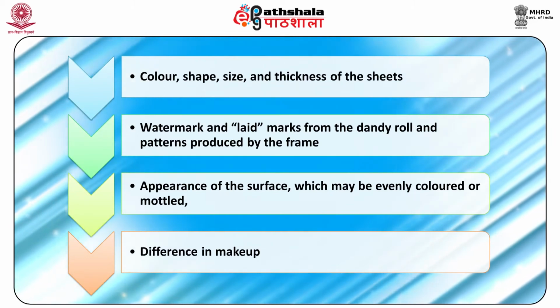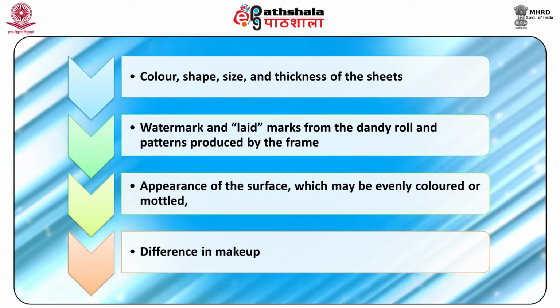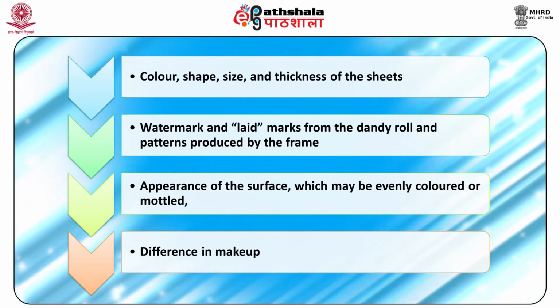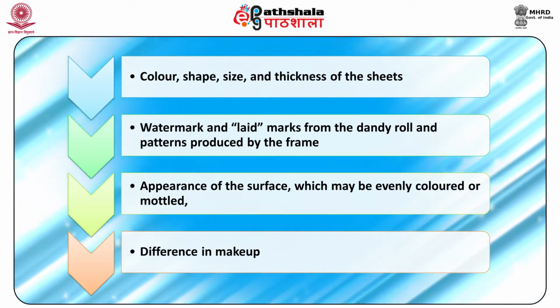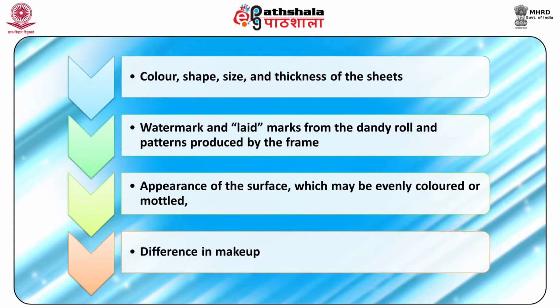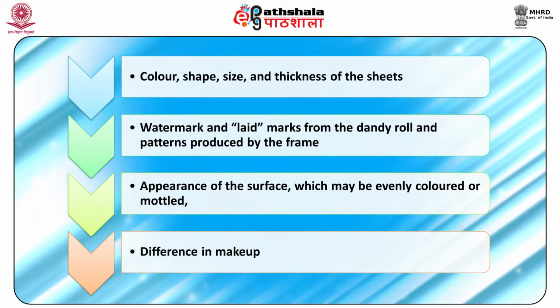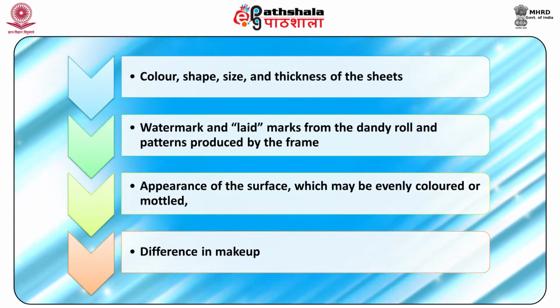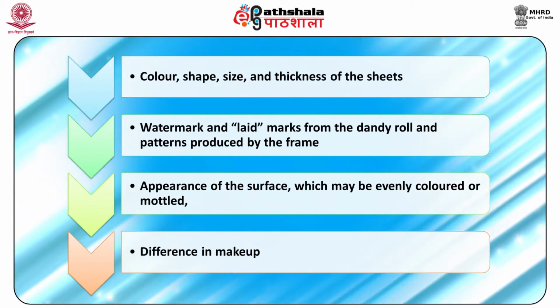Color, shape, size, and thickness of the sheets, the watermark and laid marks from the dandy rolls, and patterns produced by the frame, and the appearance of the surface, which may be evenly colored or mottled, can all be examined by simple observation and measurement.